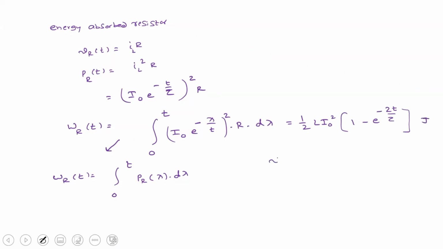Right. So its value, at t equal to 0, what is its value? 0. At infinite time, what is its value?